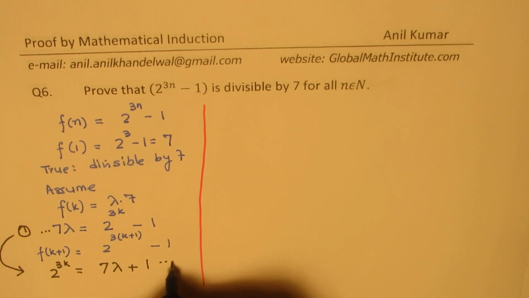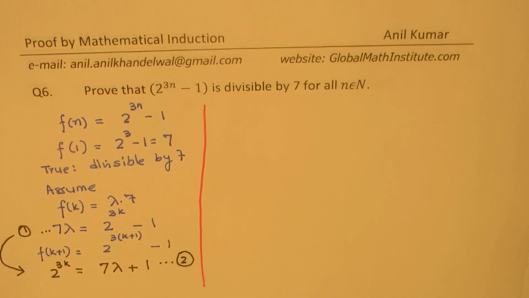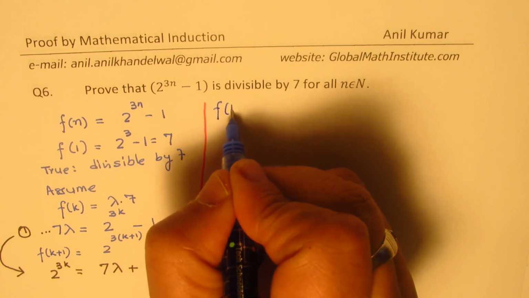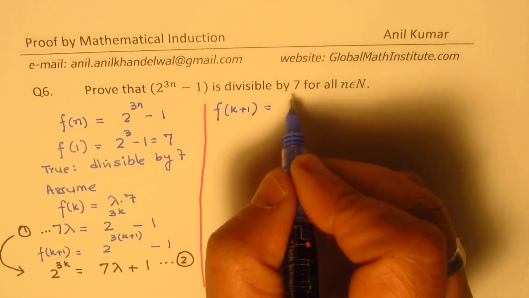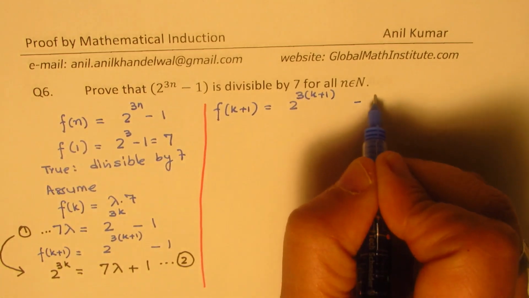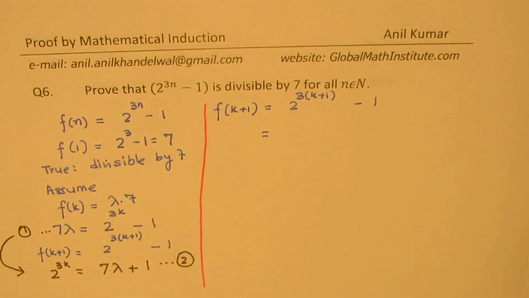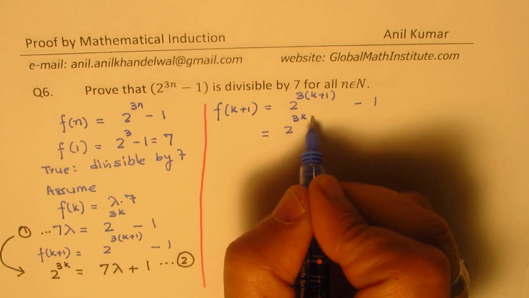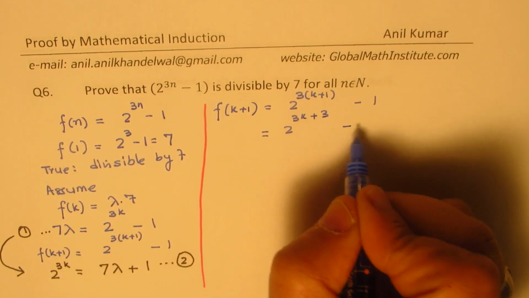I'm going to use this equation number 2 to this time prove by induction. So what we have here is f of k plus 1 is equal to 2 to the power of 3 times k plus 1 minus 1, right? So let's expand this. So we get 2 to the power of 3k plus 3 minus 1.